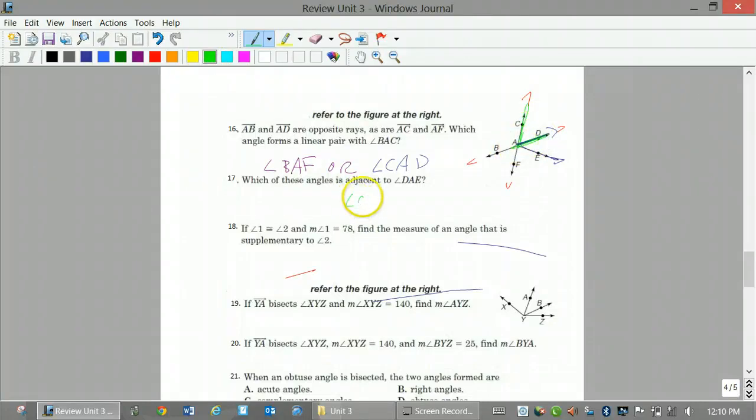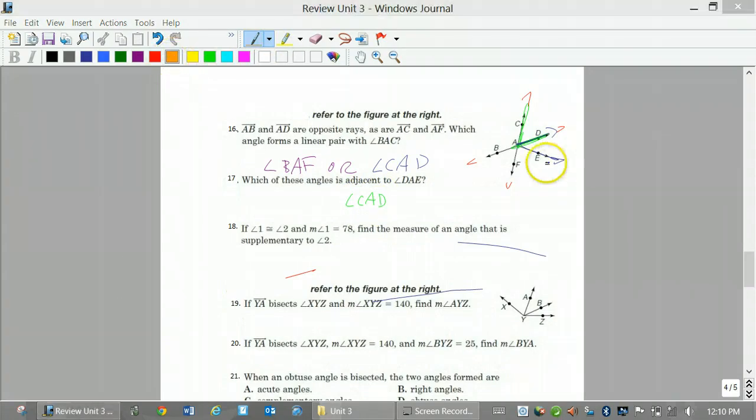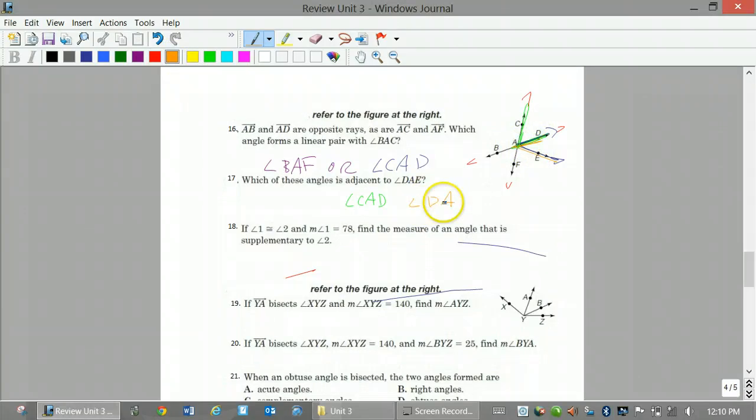So it would be CAD, and then another one that shares a common ray with that could be EAF. A third one could be angle EAB, and then that's all we got. Okay, next one.